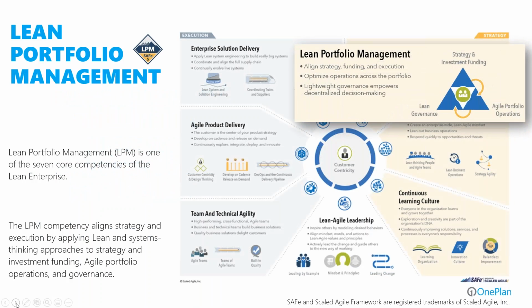Okay, so those are some of the challenges. What are some of the tools we can use for business agility? Well, one of the things we can look at to help us with this idea of business agility is the SAFE framework, Scaled Agile Framework, and specifically the part of SAFE called Lean Portfolio Management.